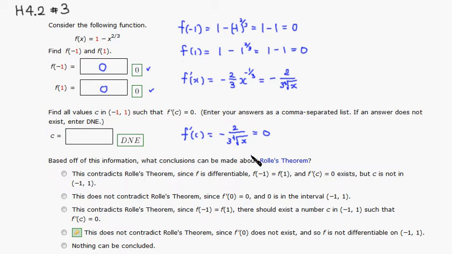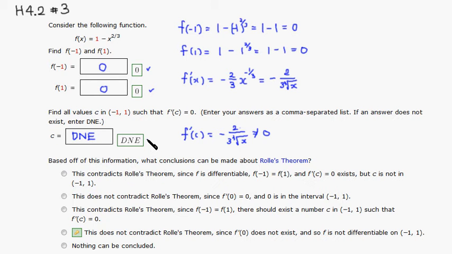Unfortunately, there's no solution to this equation, because no matter what x value you choose on the bottom, we cannot make the fraction equal to 0, and we have no control over the numerator. The numerator is -2, so there's nothing we can do. So this is never 0, and that's why this does not exist.